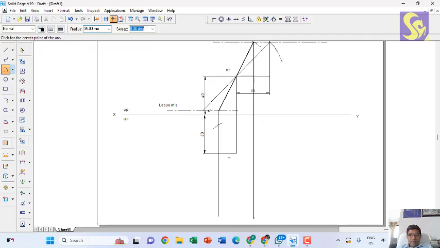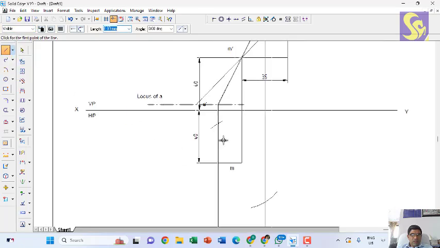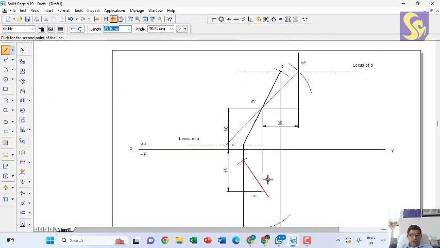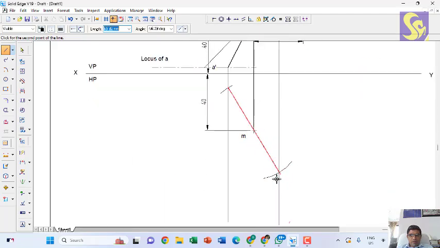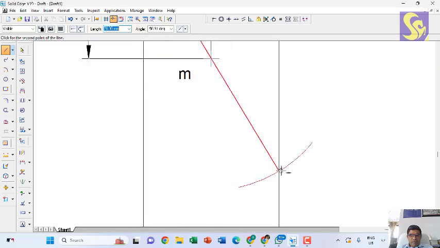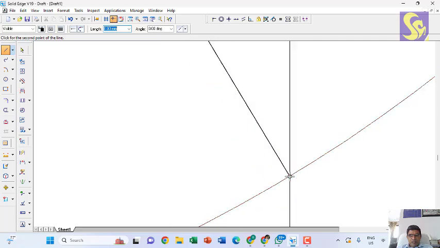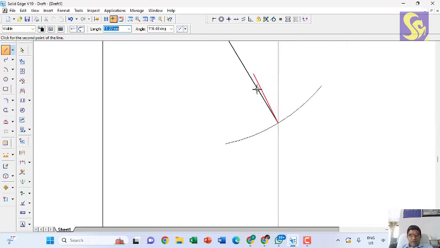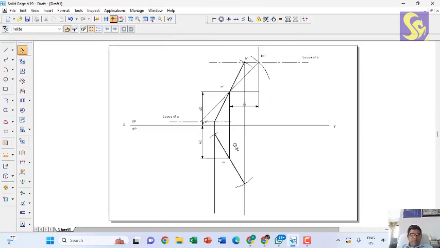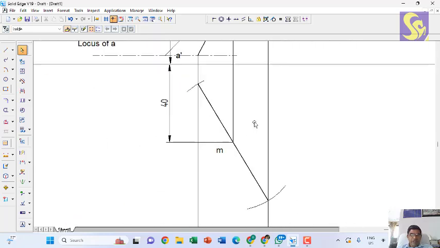Draw radius of 35 onto both sides and connect them with a visible line, which will pass through the intersection point. And we'll find that it is exactly passing through the midpoint M.